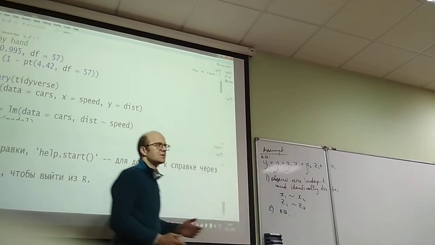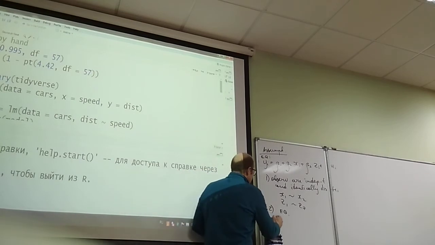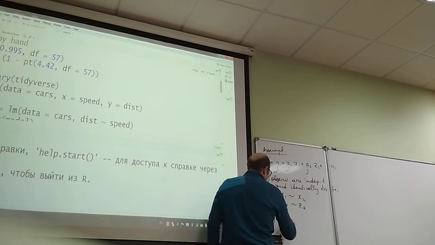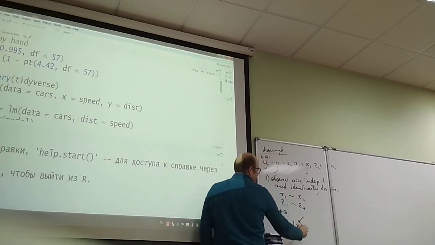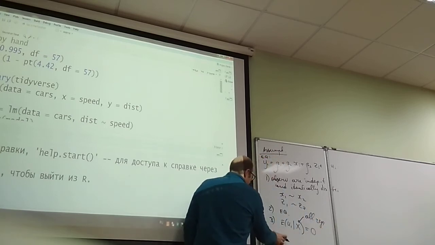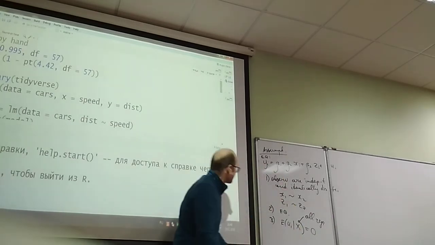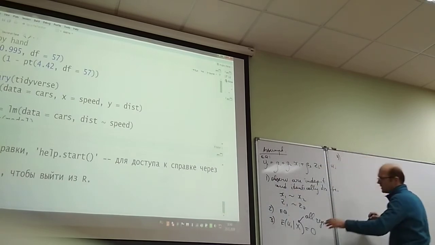Okay, second assumption is this equation, how y depends on x and z, and some assumptions about u. This u has zero mean, given all regressors. X means all regressors. I will finish assumptions and we will find some estimate.